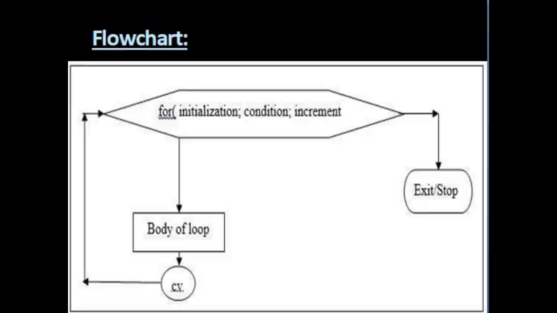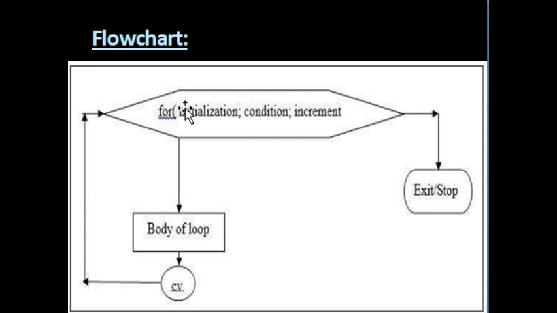You can see the flowchart here, it will be easier. See here, there is a for loop. Already they said three components are used in the for loop: initialization, condition and increment. What is the increment here? i++. The condition is i less than or equal to n, and initialization is i = 1.